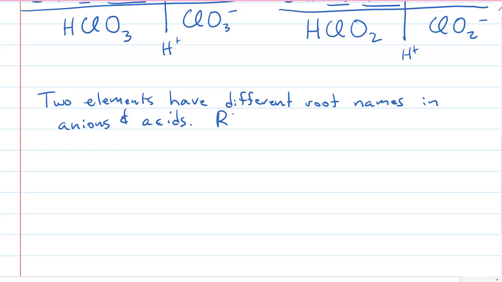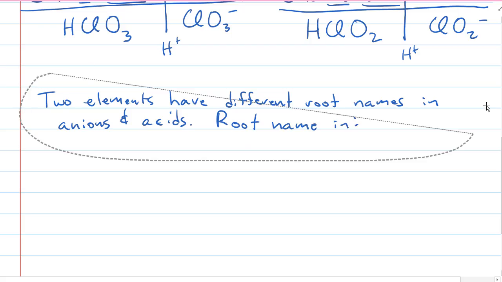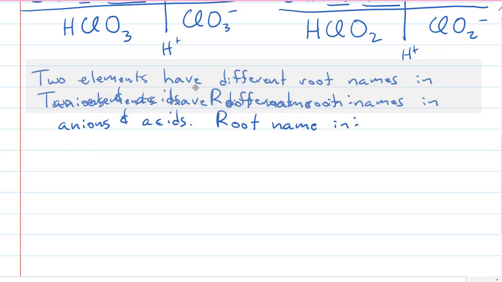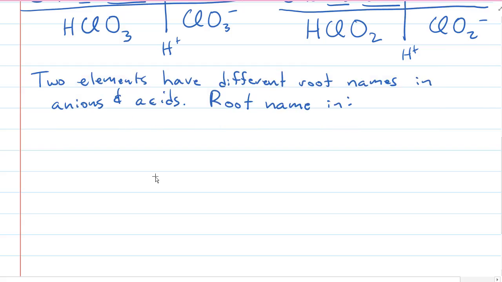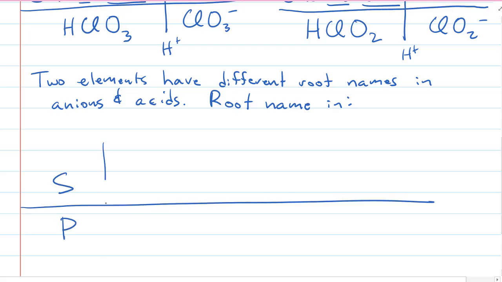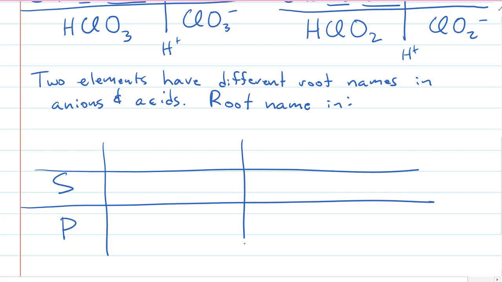So again, these are just 2 elements, because of course we haven't confused you enough already. Those 2 elements are sulfur and phosphorus. And if we look in anions and go to acids, it looks something like this.